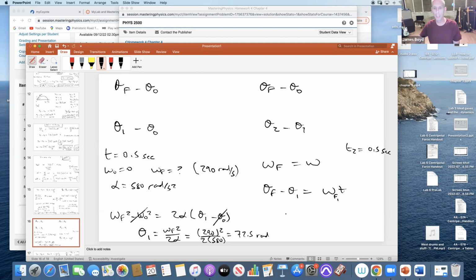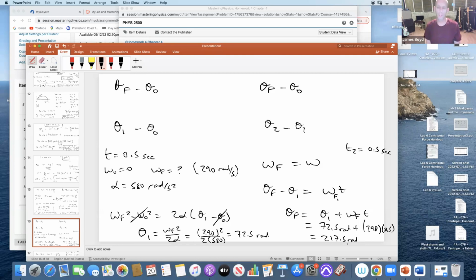So this is omega final is omega 1 plus omega final times t, which is 72.5 rad plus 290 times our next 0.5, or half of this, which is 145. So 72.5 plus 145, which is 217.5 rad.